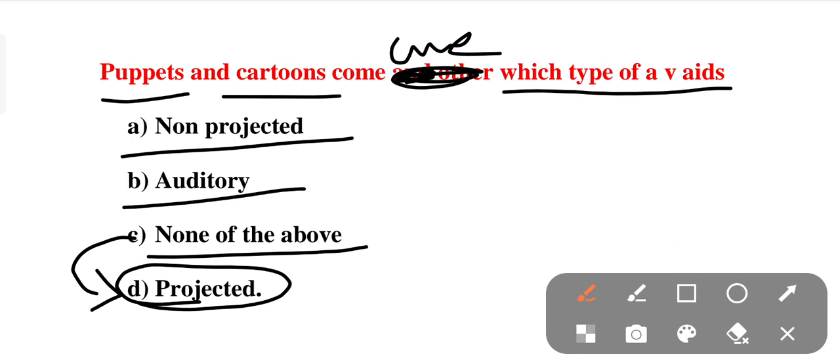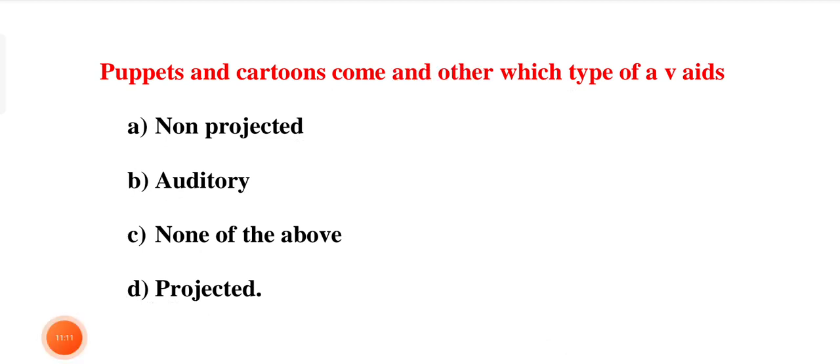Sorry for the mistake. So puppets and cartoons come under which type of AV aids? It is projected AV aids. Projected is nothing but we are showing on some screen. So by using a screen we can show pictures or cartoons, puppets. Those come under projected AV aids. The right option is projected AV aids.